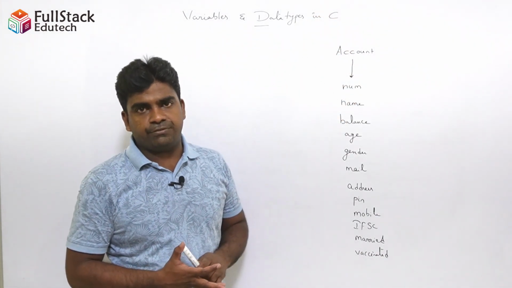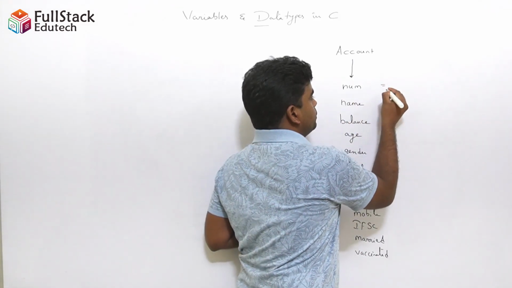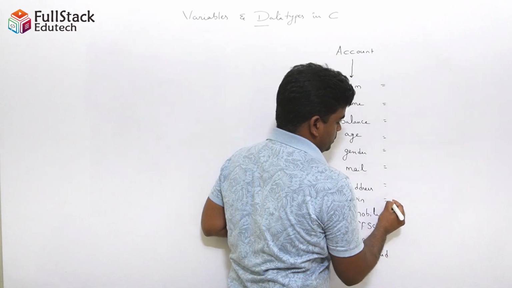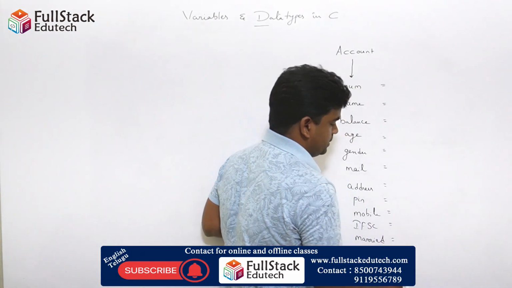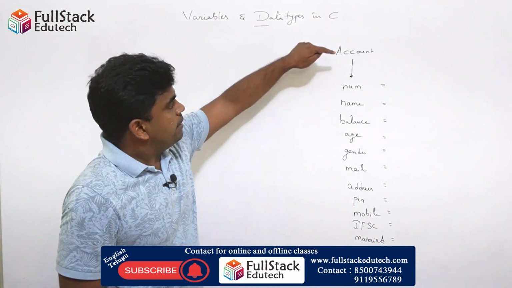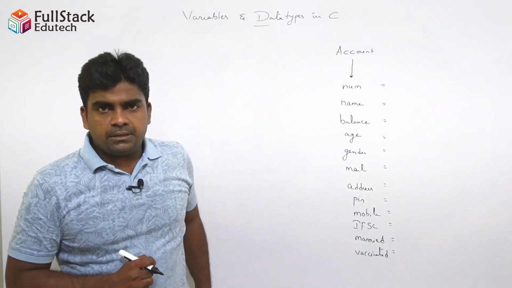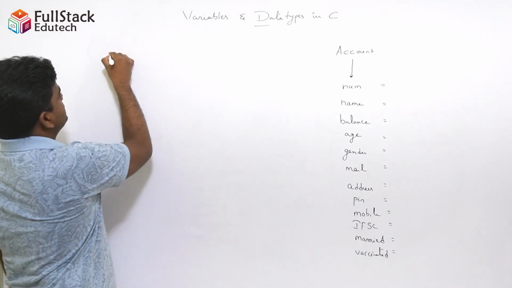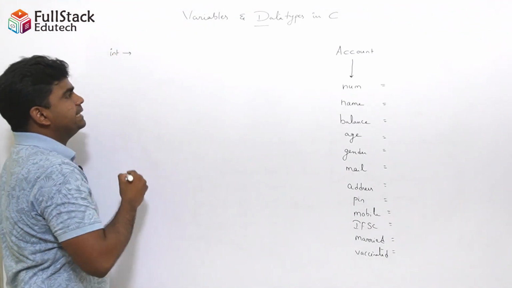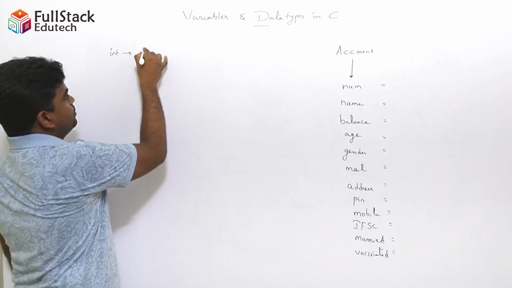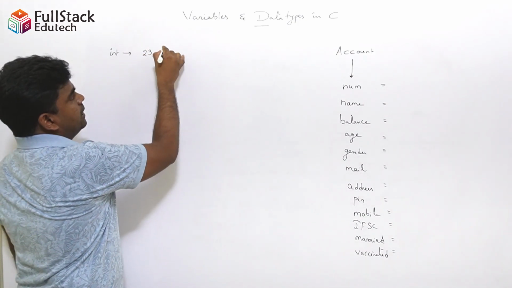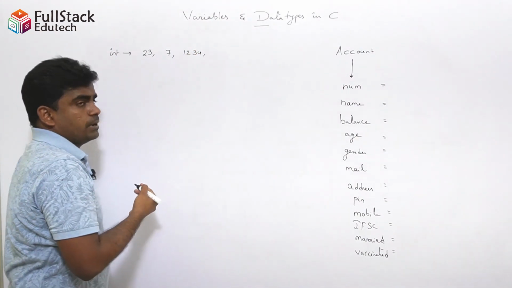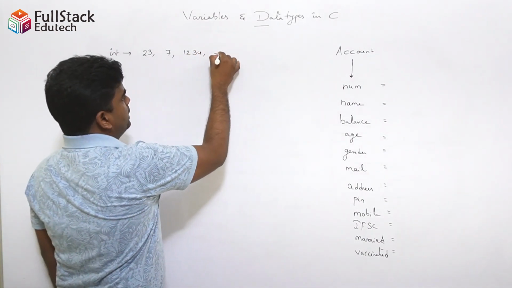Now, how can we specify? It depends on the value. We need to give the data type also. Generally, whenever you are storing something like the account number, there are two types. One is integer, which can store small integer values, like the age of a person, how many days in a week, a PIN number, or small negative values.